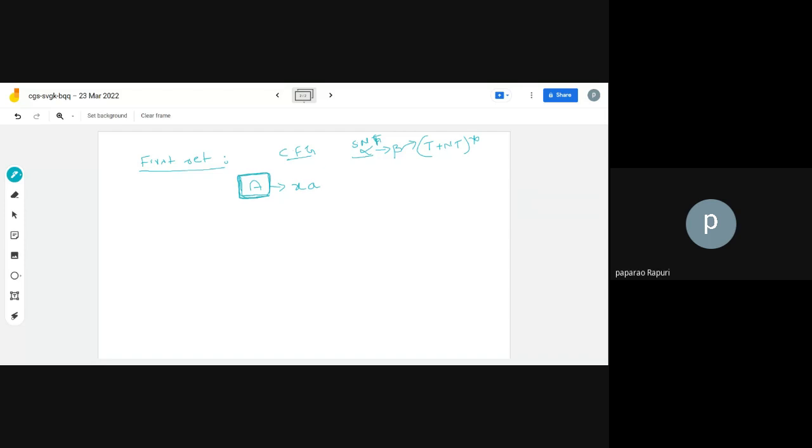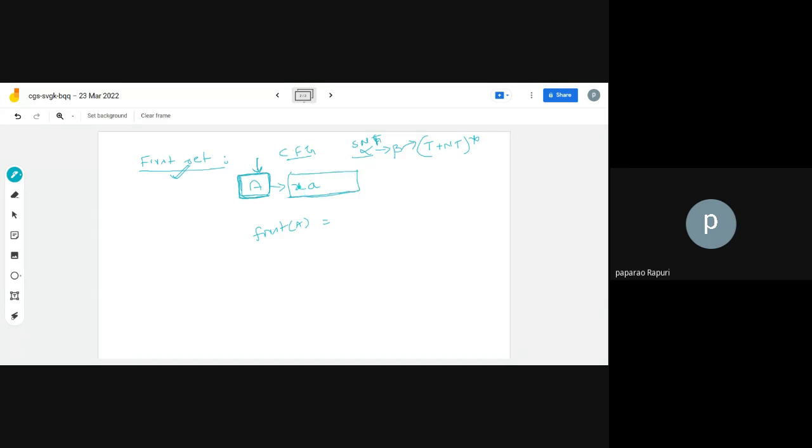In parsing, we are using context-free grammar, so there is always only a single non-terminal on the left hand side. For this single non-terminal, we write the first set. For writing the first set of A, we need to take the terminals of the right hand side.